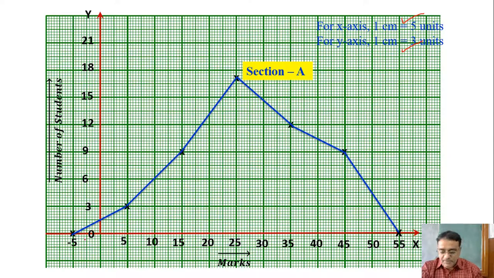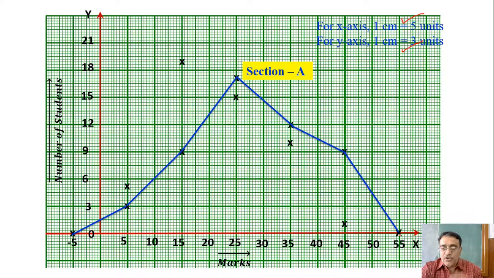Section B, -5, 0, and for 5, 5 is there, so it will come here, and for 15, 19 is there, so 19 will come over here, and for 25, 15 is there, so it will come over here, and for 35, 10 will come here, and for 45, 1 is there, so 1 will come over here, and 55, 0.